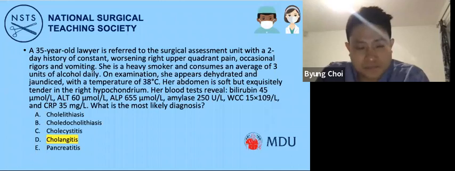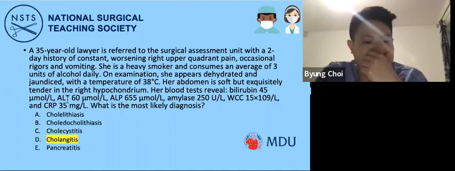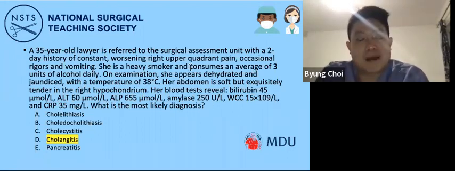Looking at the blood test, bilirubin's up, you've got a greater rise in ALP compared to your transaminases. You've got a mild raise in amylase, and we'll come back to amylase because it is a bit raised, as well as slightly raised inflammatory markers. But with the 3 clinical signs of rigors, jaundice, and right upper quadrant pain, you need to be thinking cholangitis off the bat, okay?